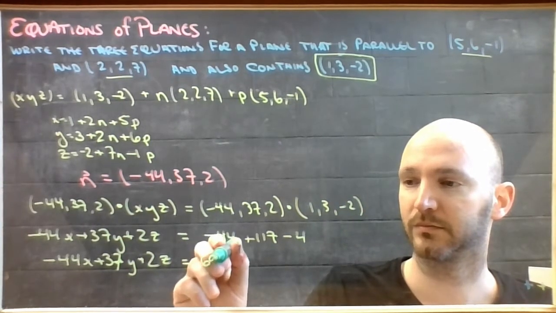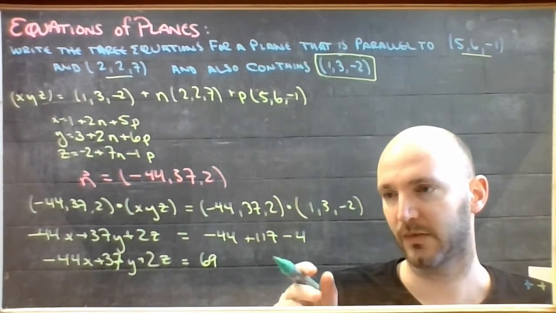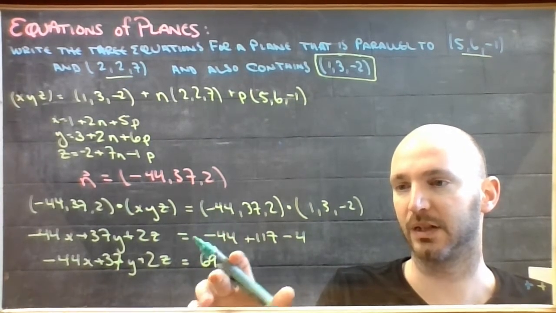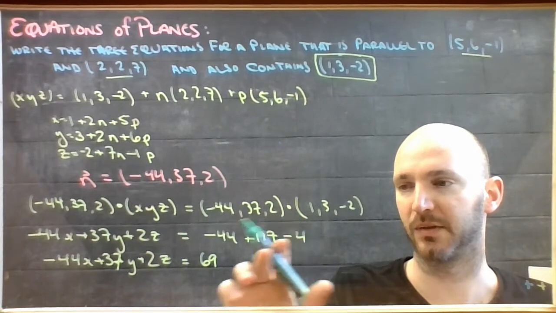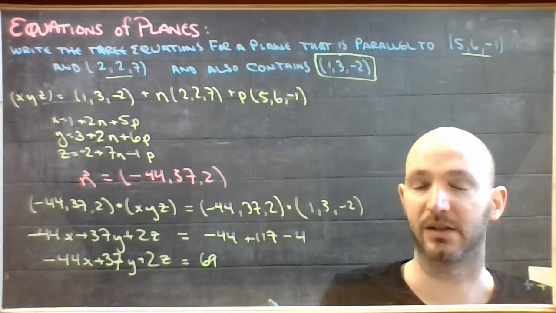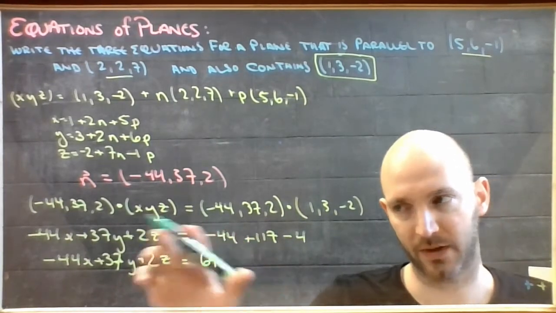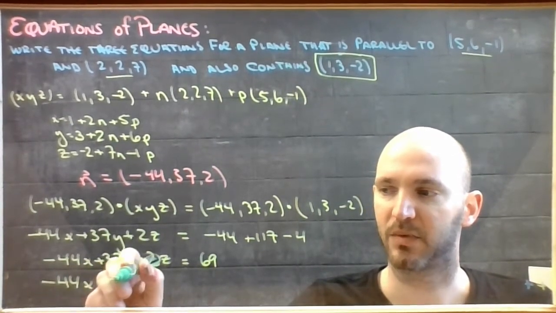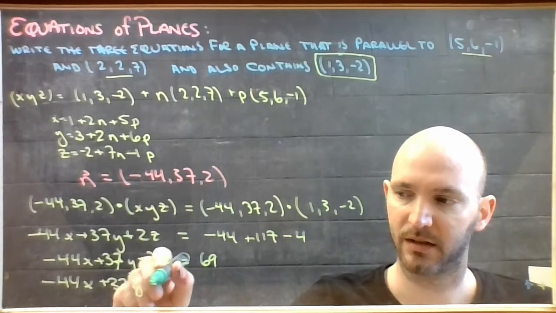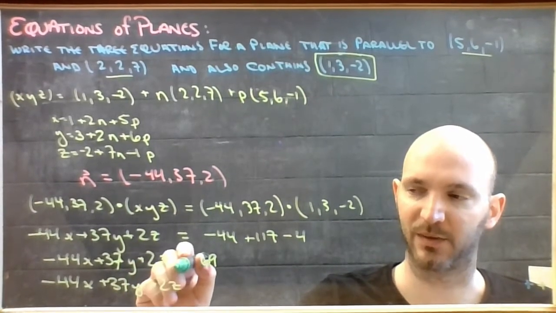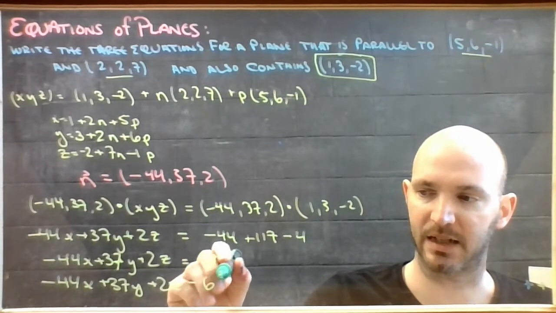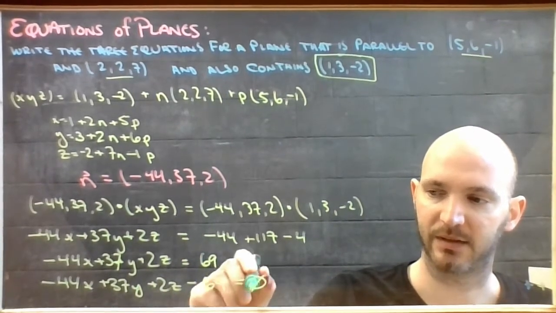So that is 69. 109, 113, 117. Yep, that worked. And so just to finish it off, I'm going to pull everything over to the left side. So negative 44x plus 37y plus 2z minus 69 equals 0.